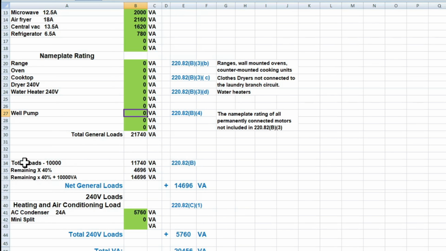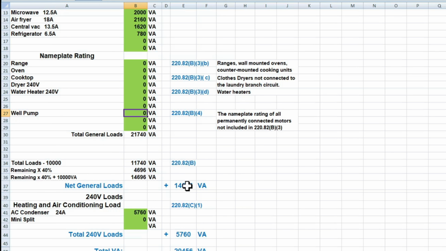So it's the total loads minus 10,000, and that's 11,740. Take that remaining times 40%, which is 4696, and then add it back to 10,000, and we end up with 14,696.